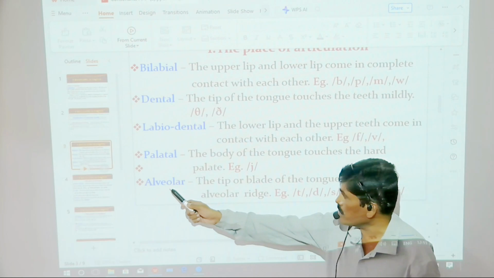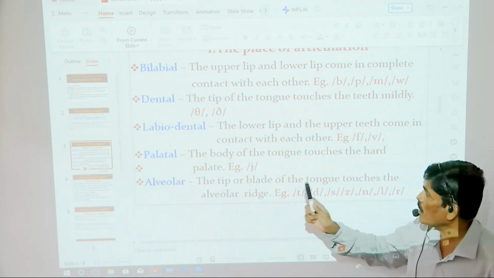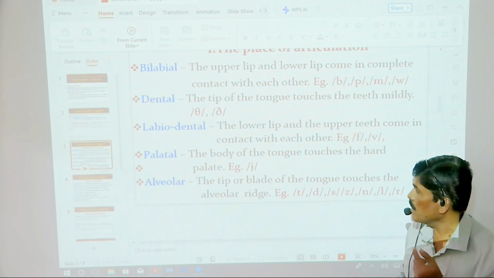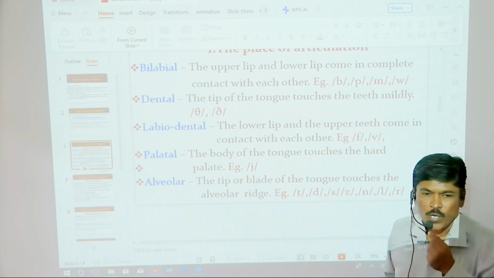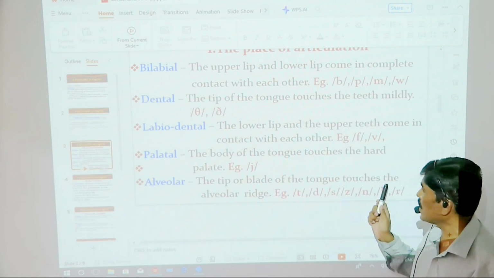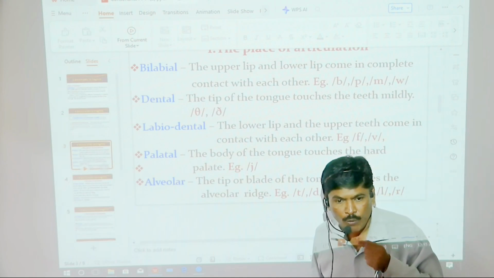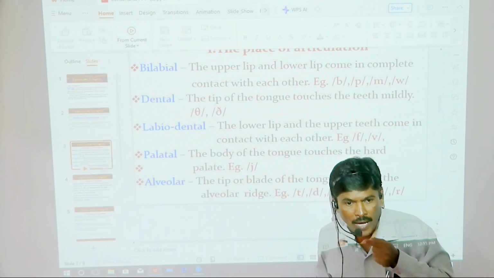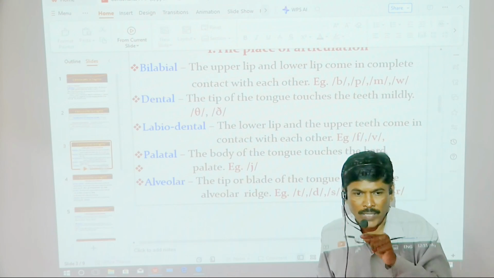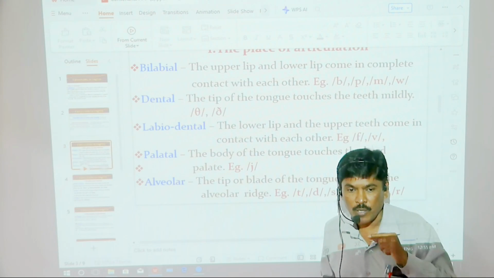Then alveolar sound, alveolar consonant. The tip or the blade of the tongue, meaning the front part of the tongue, touches the alveolar ridge. What is the alveolar ridge? The part behind the teeth. There is a rough part behind the teeth when we touch our tongue there.